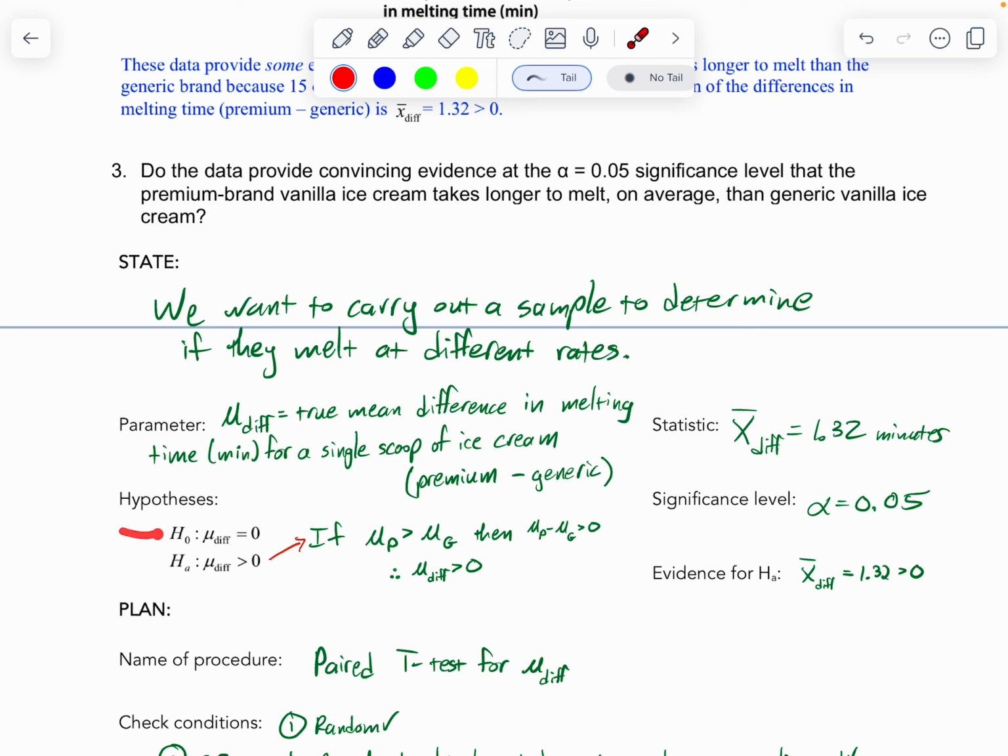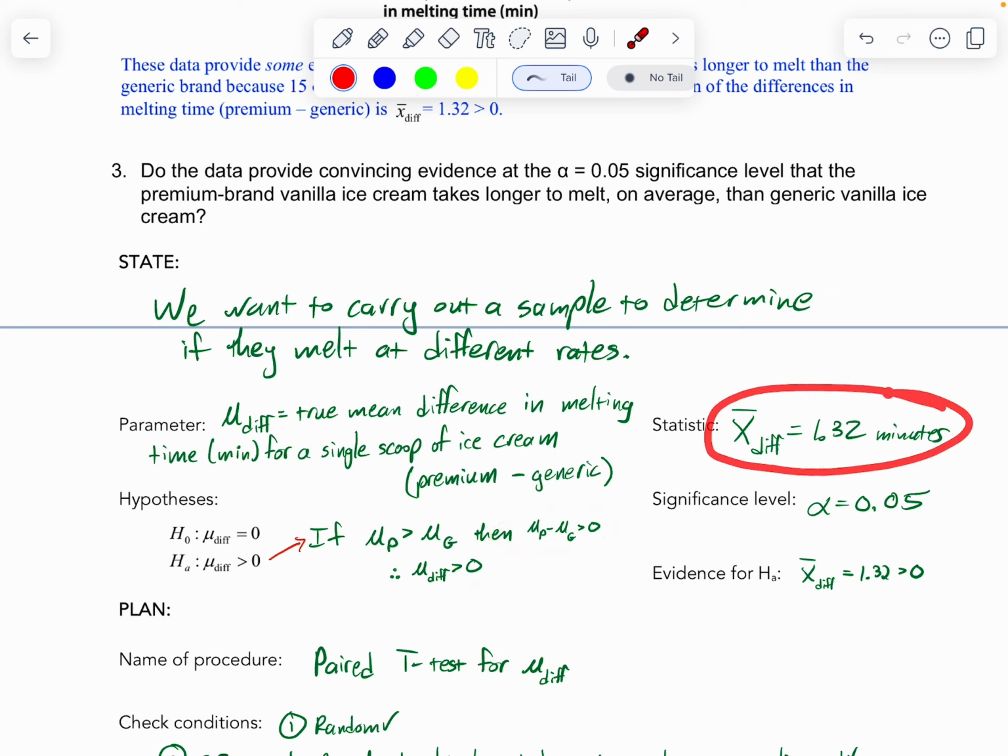The null, we've kind of already talked about, is that there is no difference. It would be 0. And the alternative is that if premium takes longer to melt, it is a bigger number than the generic number. The time is greater. So if you subtract them, you're going to get a positive. So that's why we have that.